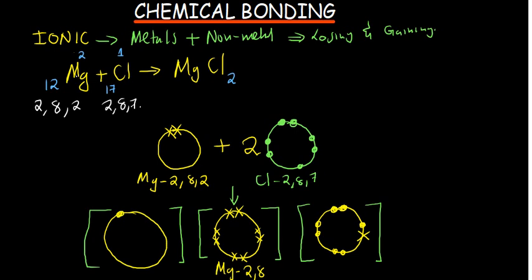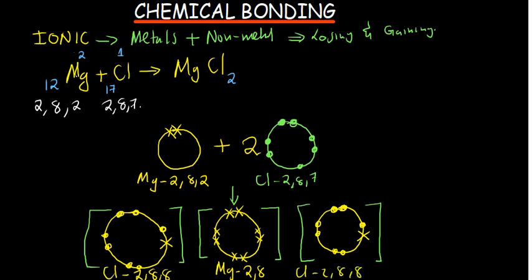So also here 1, 2, 3, 4, 5, 6, 7. And then the other one is also going to come here. So the chlorine, now the new electron configuration, remember it was 2, 8, 7, but it has gained 1. So it is going to be 2, 8, 8. Even this chlorine is 2, 8, 8.